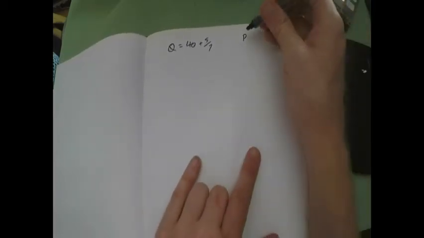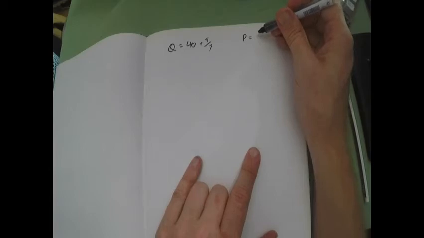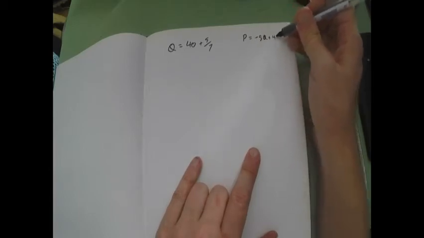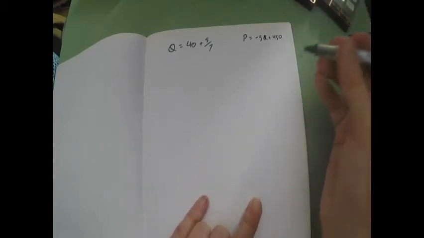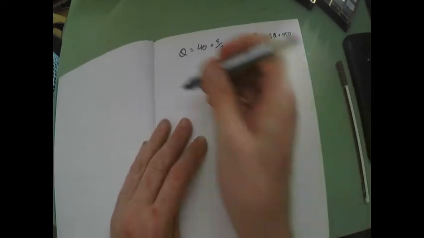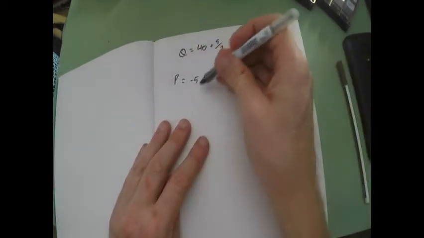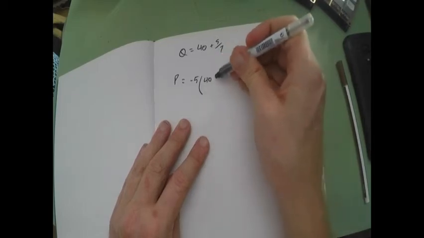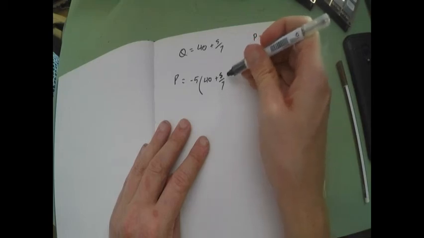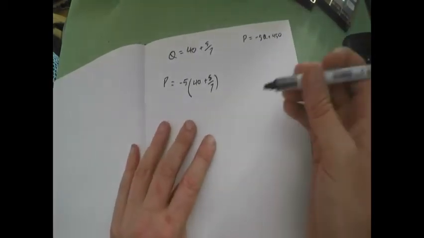So there's Q. Price, let's look at the demand curve, minus 5Q plus 450. So now we can make price a function of the subsidy. So price equals minus 5 times 40 plus, not 5, sorry, S over 7. Sorry, my S sometimes looks like a 5.